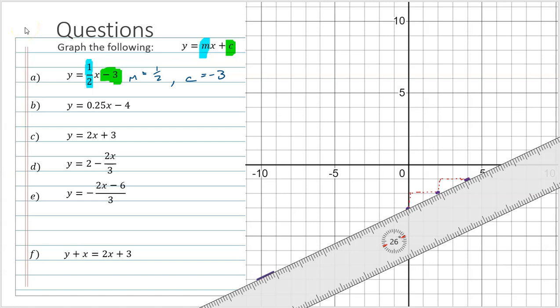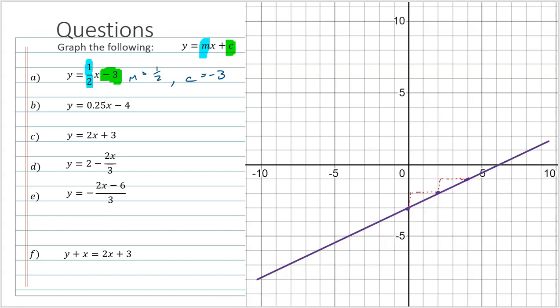Now I'm going to draw a line. And then mark the features, so the arrowheads. And then I must annotate. It is y equals 1 over 2, the gradient of 1 over 2, x minus 3.